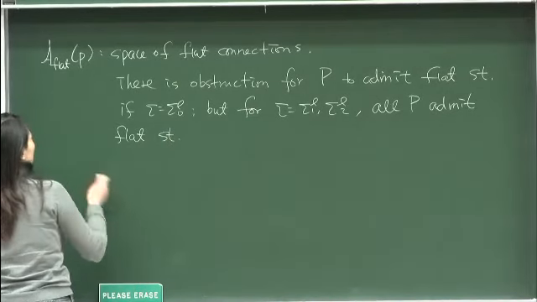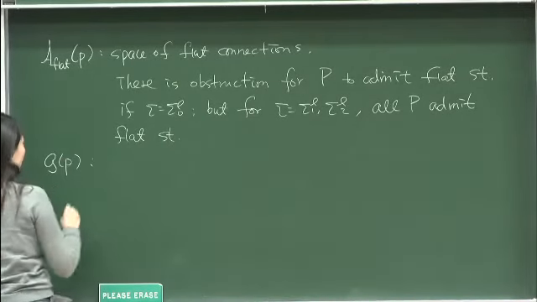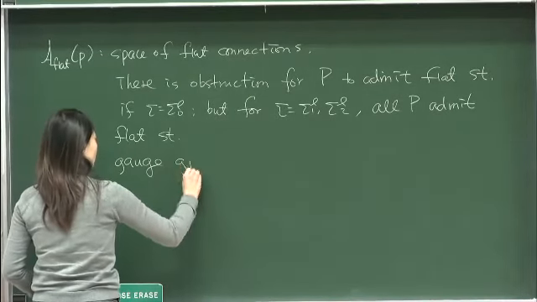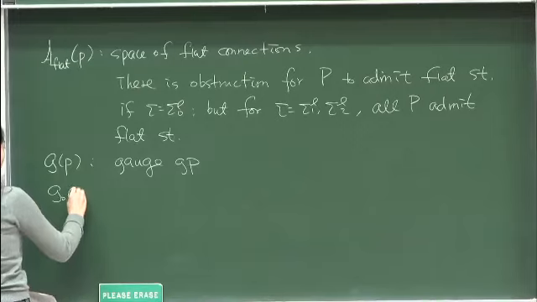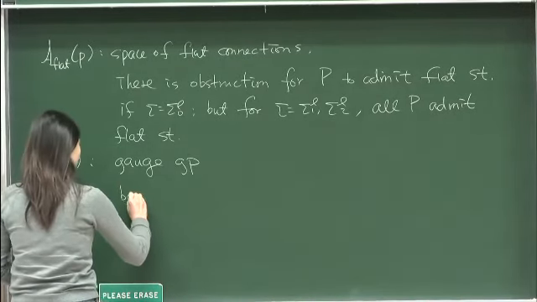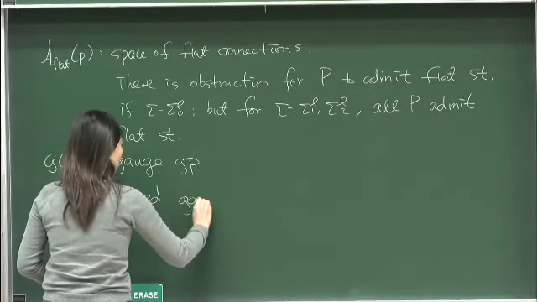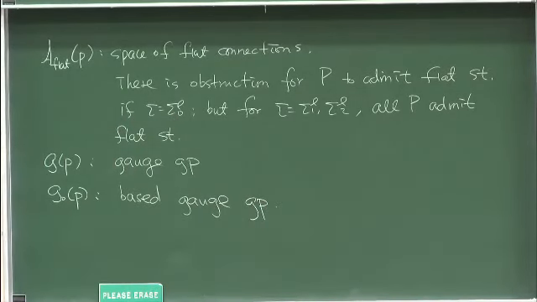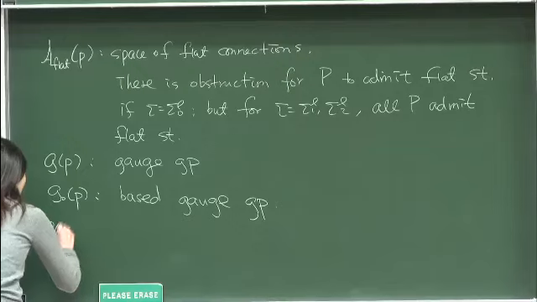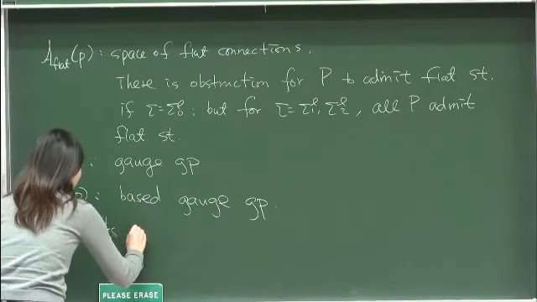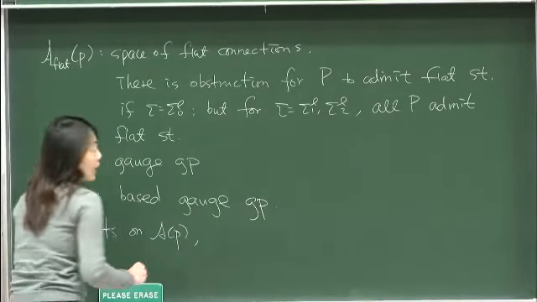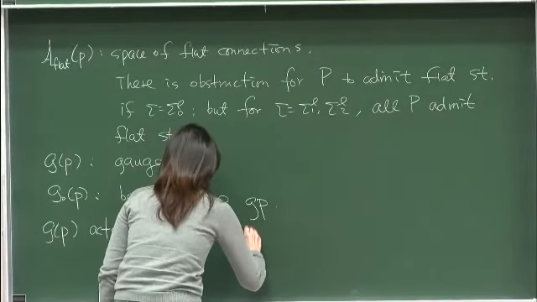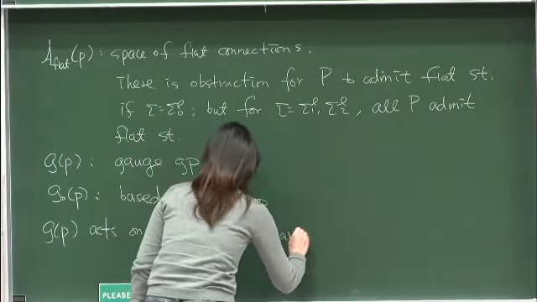Okay. Now, for the rest of the notation, this curly G is the gauge group, and G naught is the based gauge group. What we're interested in is that this gauge group acts on the space of connections, and in particular, if the space of flat connections is not empty, then it acts upon it.